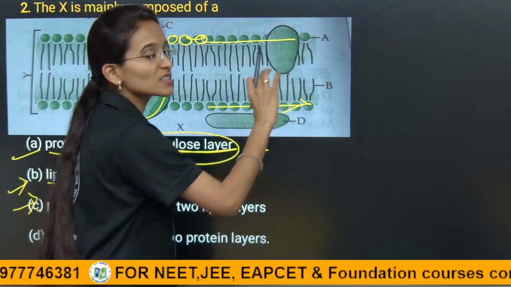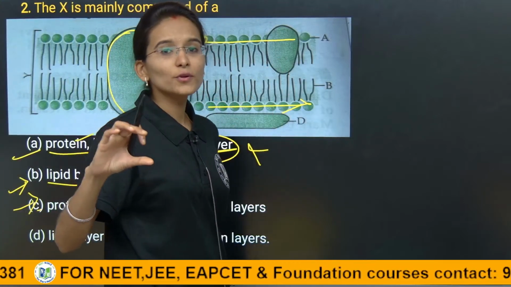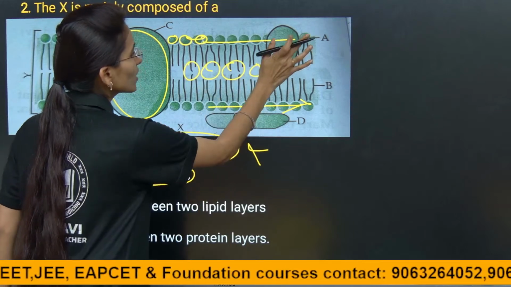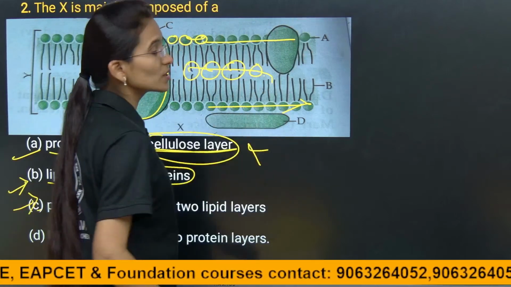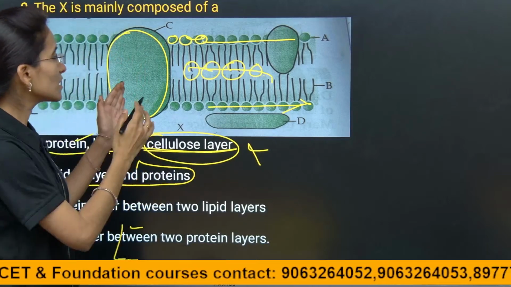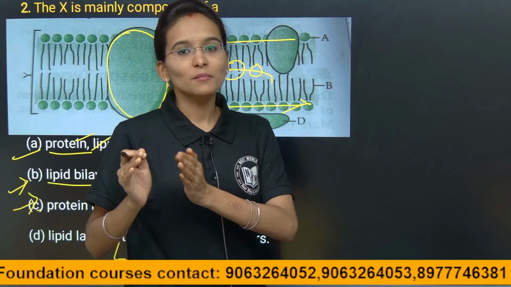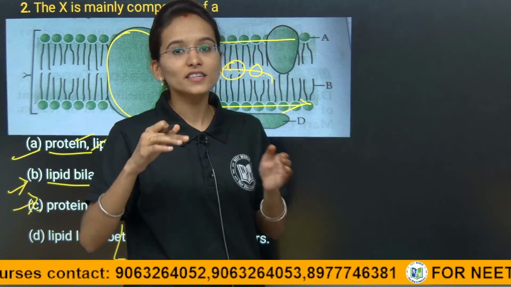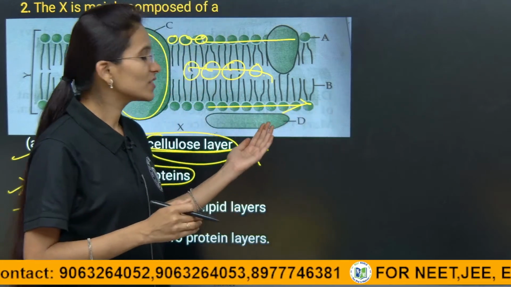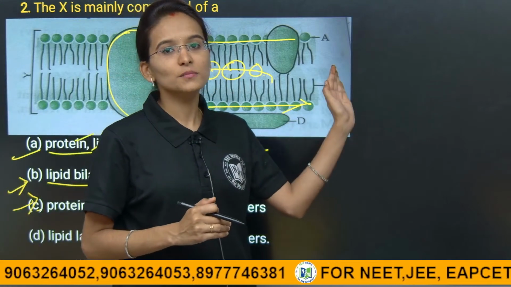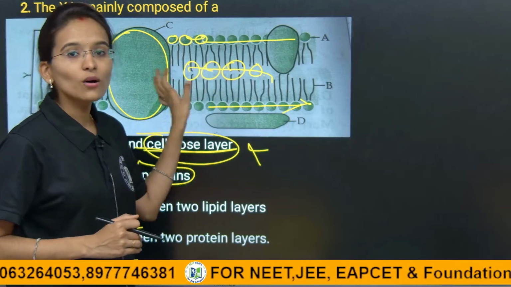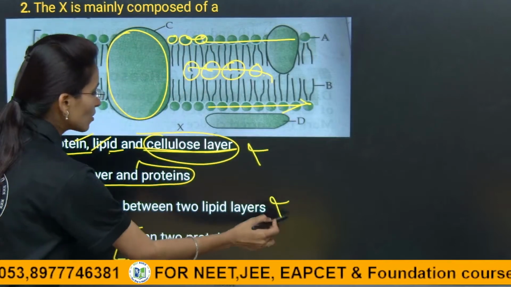In between these, can you see a continuous arrangement of proteins? No. A continuous arrangement of proteins is not there, but proteins are present in between them. In between the lipid bilayer we have intrinsic proteins, and outside that we have extrinsic proteins, but there is no continuous protein layer. So this is also a wrong option.